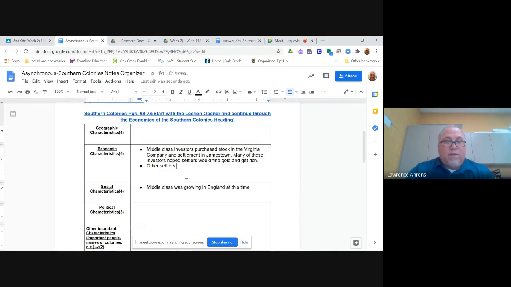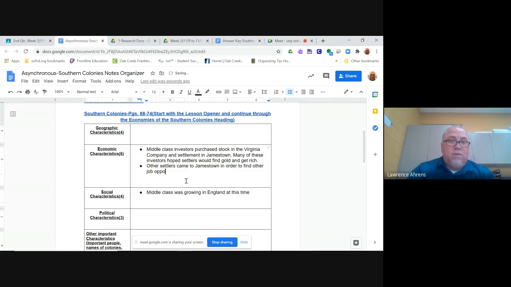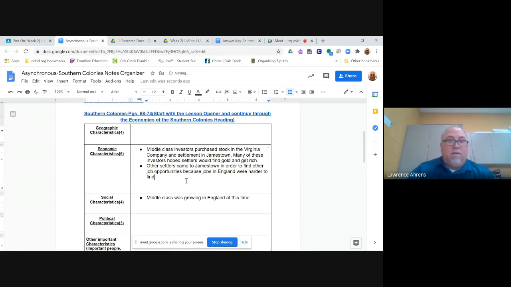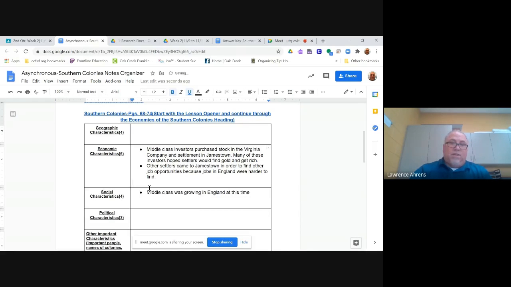Other settlers came to Jamestown to find other job opportunities, because jobs in England were harder to find. Now, as you start to see these notes string out, you can always delete back and find the bullet pointing there.